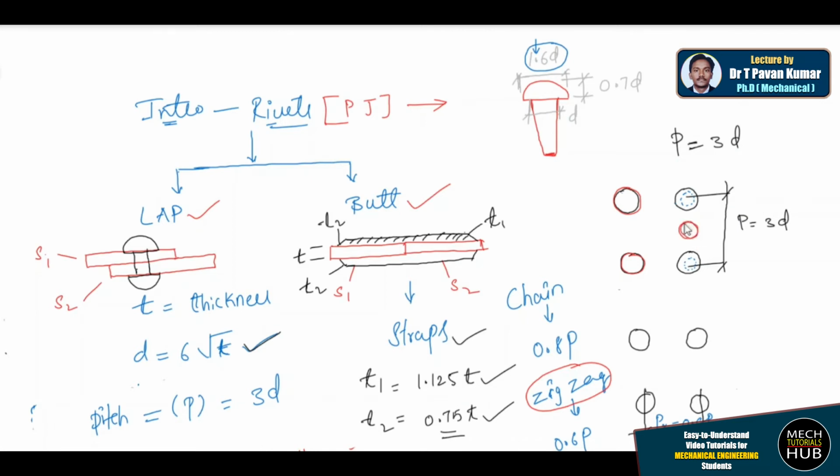So the distance from the actual rivet here should be P by 2, which is 3D by 2. Now this arrangement is called a zigzag arrangement. This is how you try to do it. In this zigzag arrangement, the next rivet is going to be placed here.